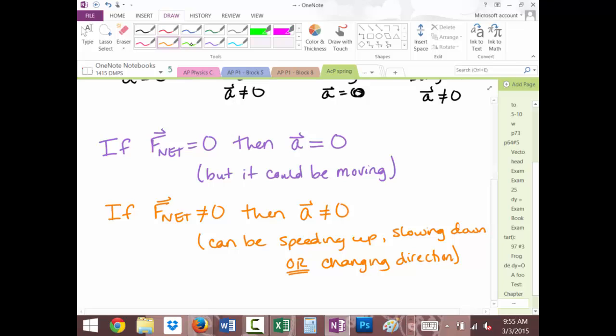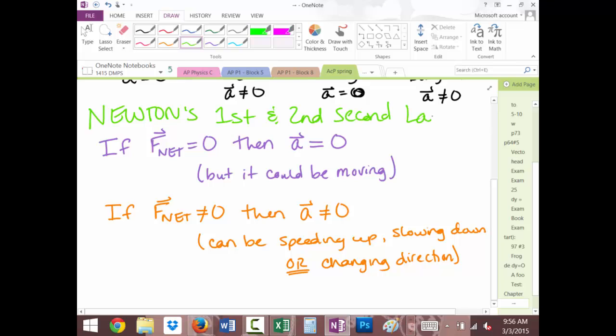In most physics textbooks, this would be called, as I just said, Newton's first and second laws. Oh, yeah, I just get really excited about second, huh? Thank you.